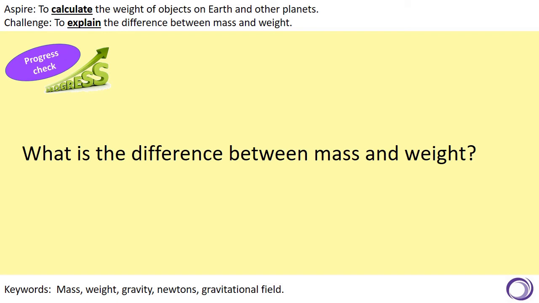Okay, have you managed it? So mass is the amount of substance in kilograms, and it stays the same. Weight is the force of gravity on that mass, and the weight can vary depending on what gravity is.